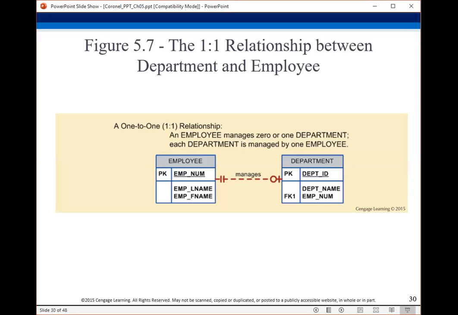We could have a field like dean in employee, but that would have a lot of nulls. So probably best to implement it like this.